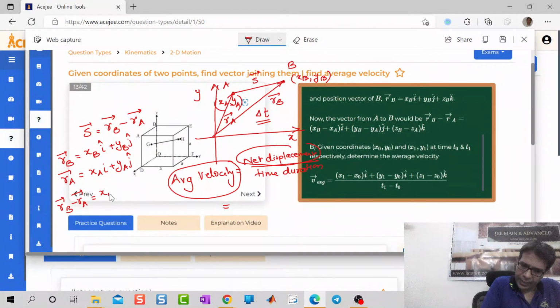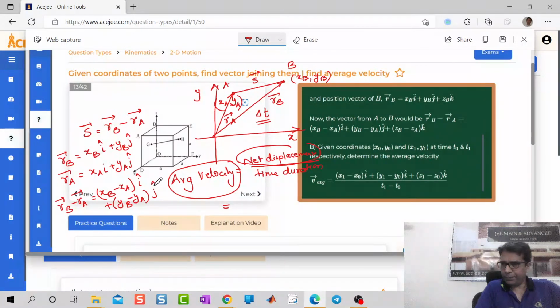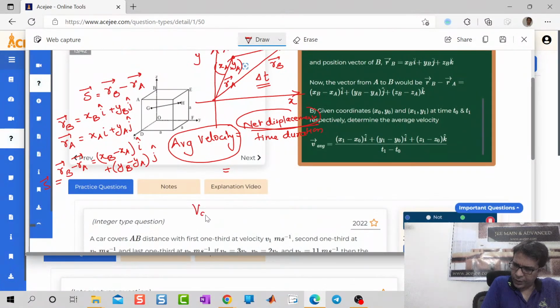That is XB minus XA i cap plus YB minus YA j cap. Are we clear, beta? Yeah. So then your average velocity will simply be 1 by delta t (XB minus XA) i cap plus 1 by delta t (YB minus YA) j cap.